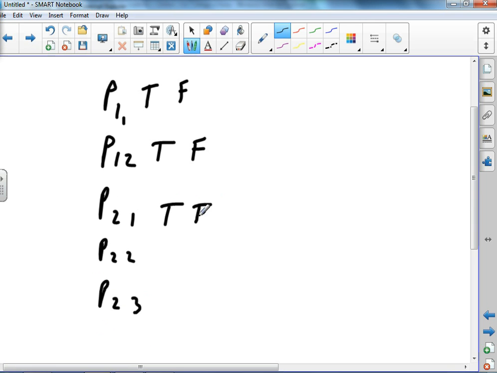Could be true or false, true or false, true or false. Okay, that's how I would see that, I think. The second procedure requires either 1, 2, or 3 steps. So I don't necessarily have to do all 3 of those.